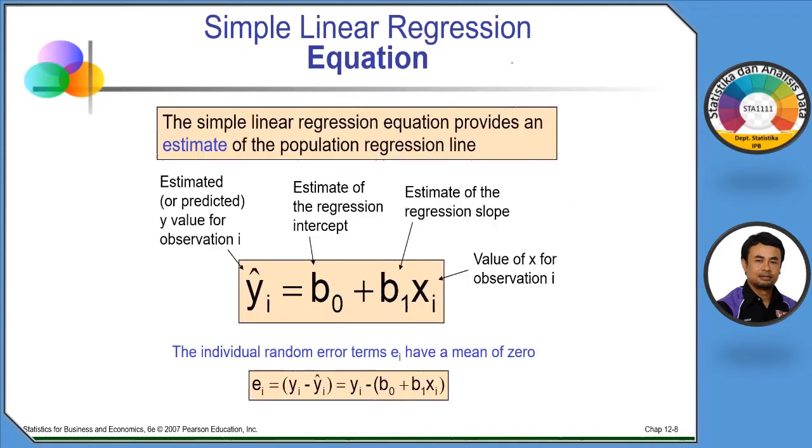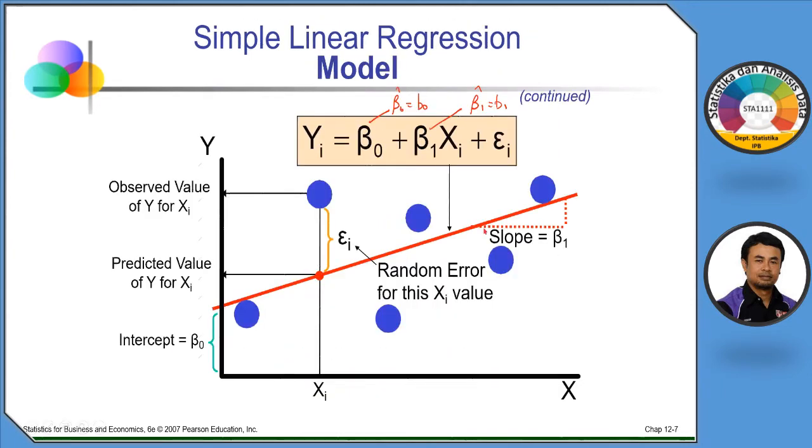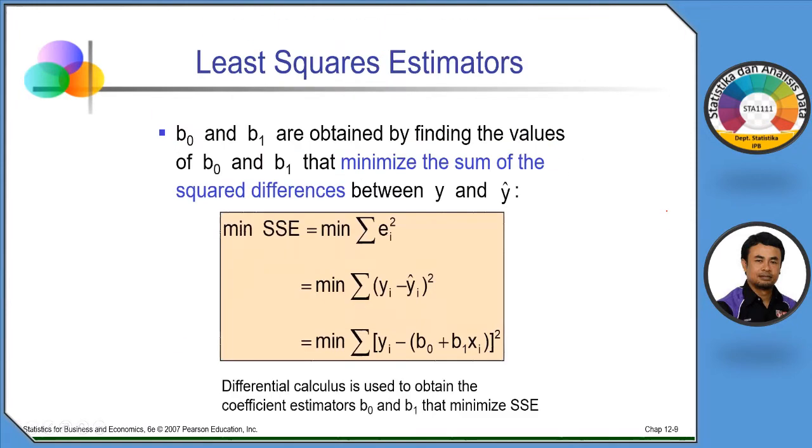And then this line has the equation y hat equals B0 plus B1 times X. We call B0 the intercept, and B1 the estimated slope.